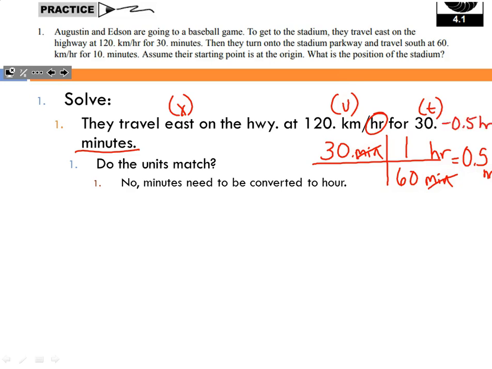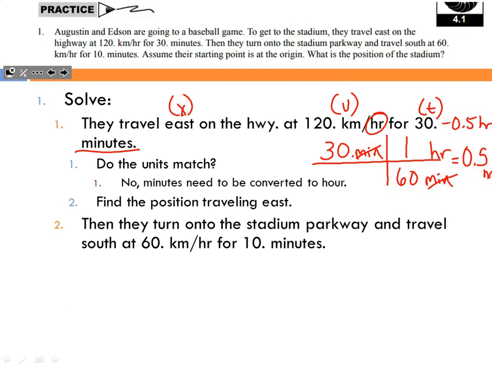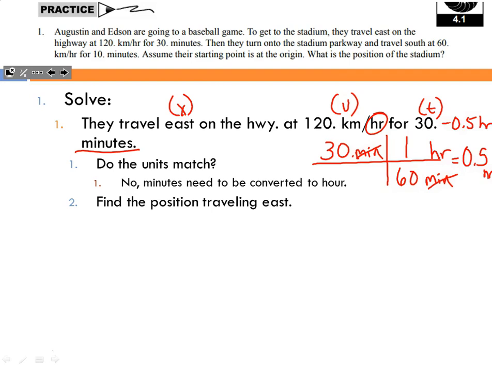Okay, so now we want to find the position traveling east. Position traveling east, we're just going to log in our position equals our velocity times our time. So we're going to say that it is 120 kilometers per hour times the 0.5 hours.